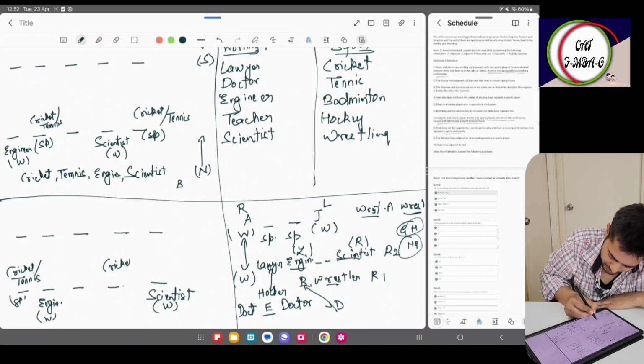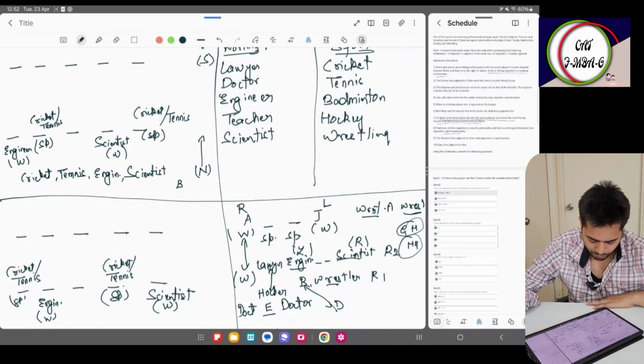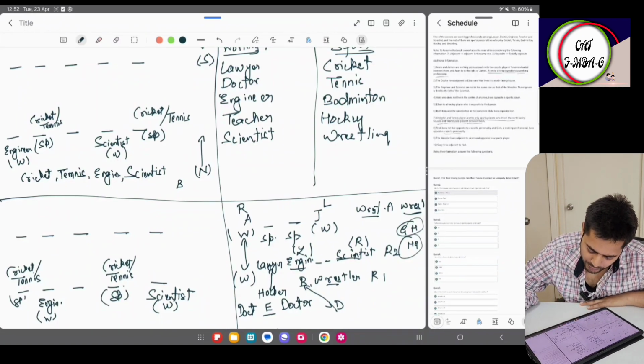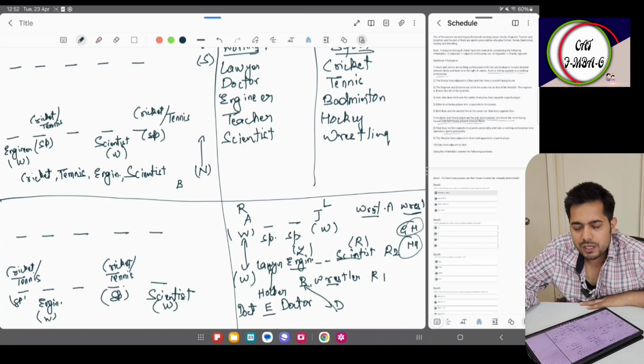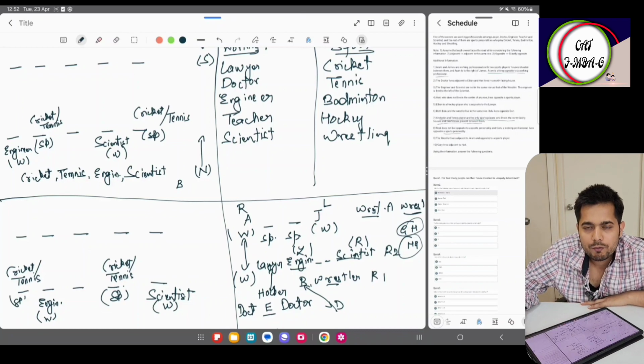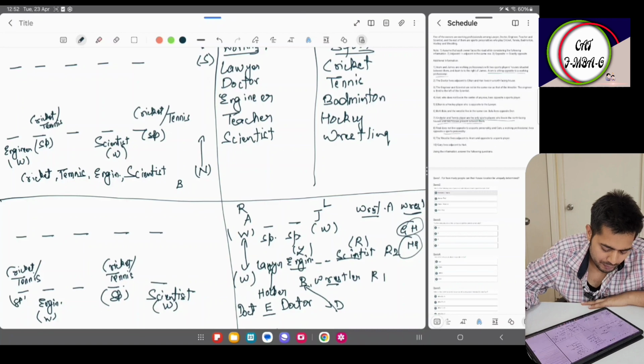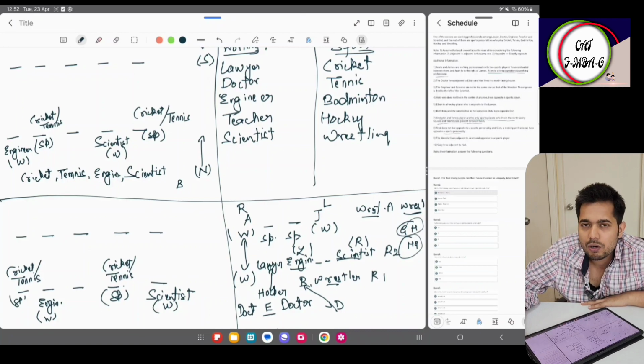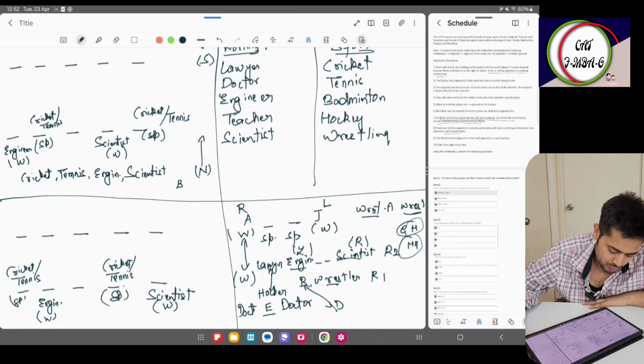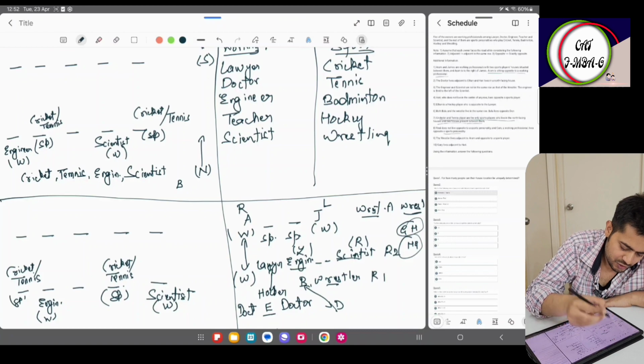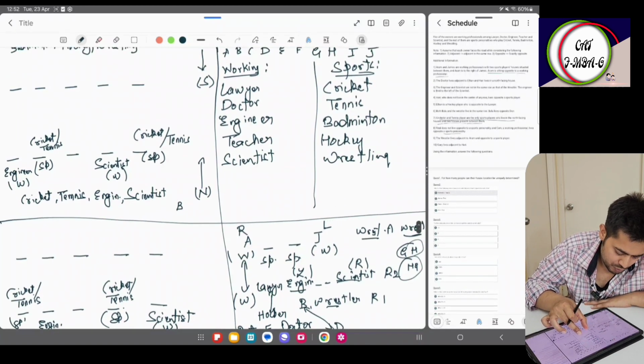It can be cricket or tennis, and this is sports. Perfect. We know that A and J are two working professionals who have two sports persons in between them. So obviously A and J cannot be in the north facing house because two sports persons will not be adjacent in north facing house. So A and J have to be in south facing house.